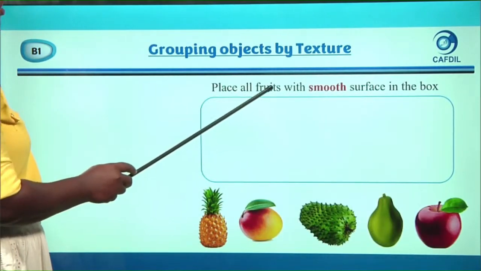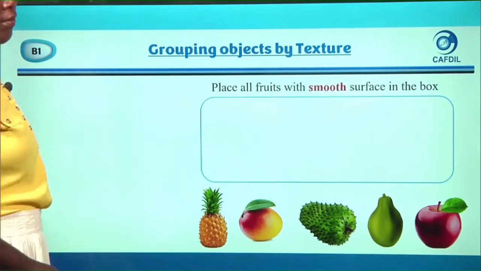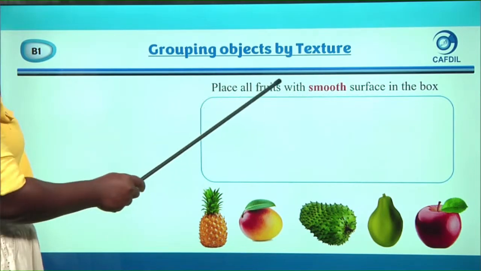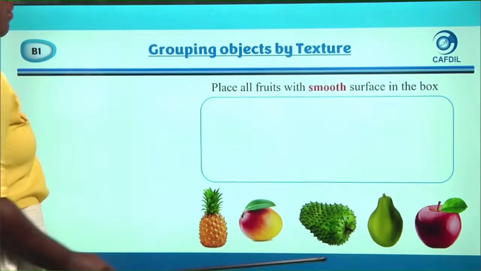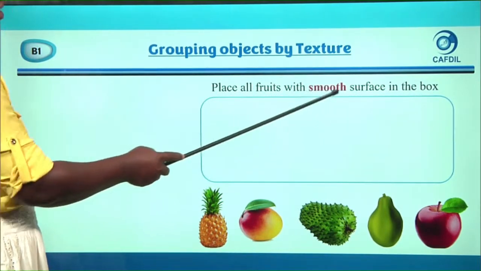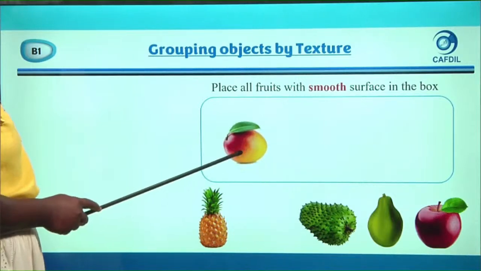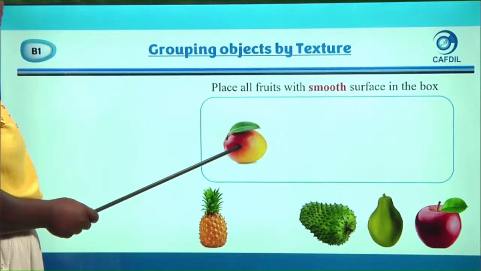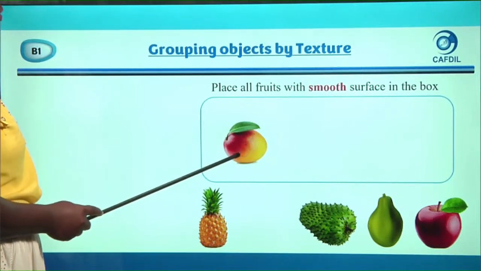Place all fruits with smooth surface in the box. We have our grapefruit, which is smooth.